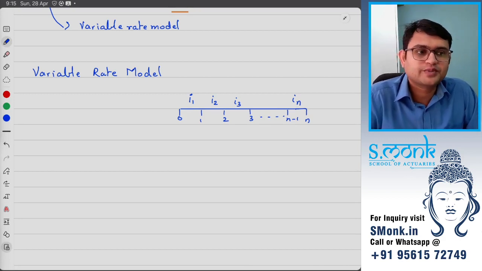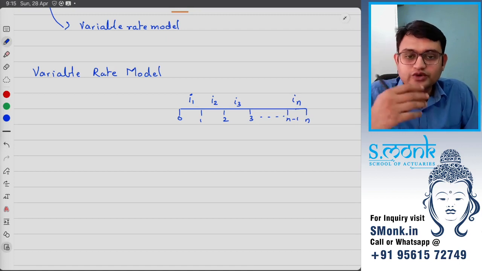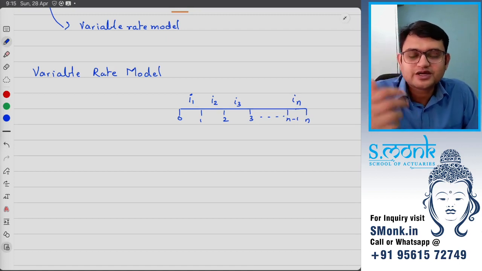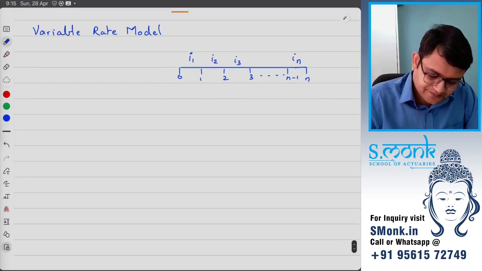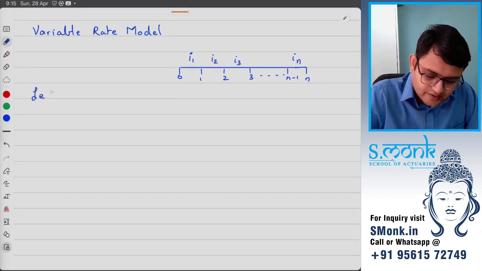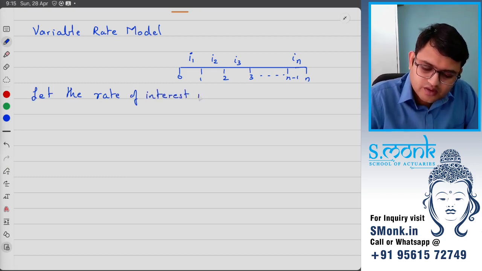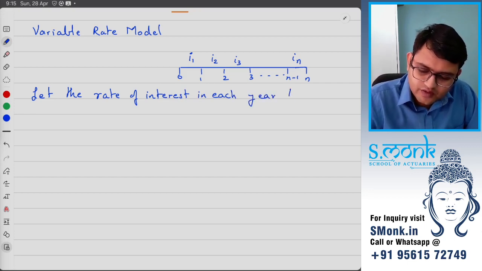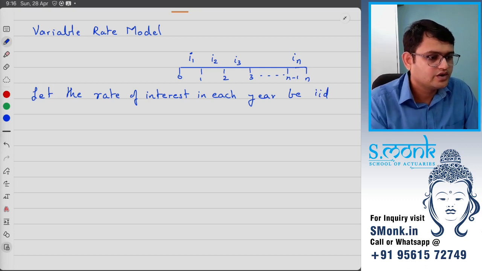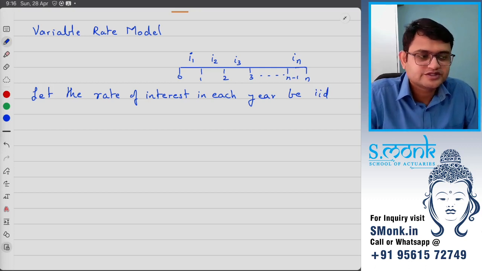Because we are trying to learn right now how to create these models, we'll have some constraints. So we are going to assume that the rate of interest in each year be IID. In CS1 we studied what is IID.